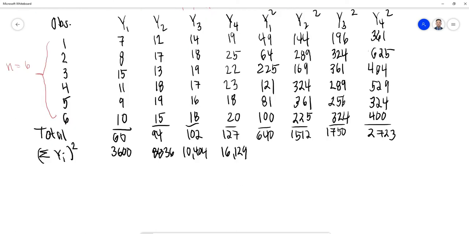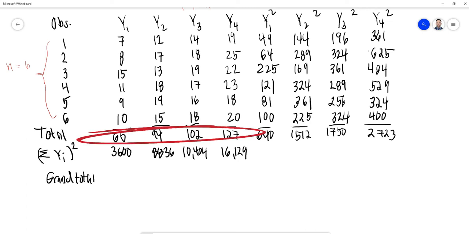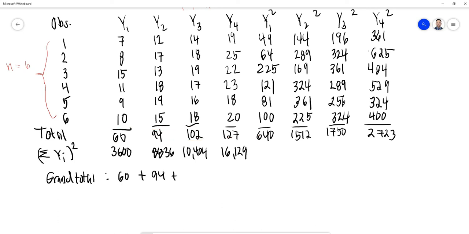Now we get the grand total for y sub 1 up to y sub 4. We have 60 plus 94 plus 102 plus 127, which will give us 383.